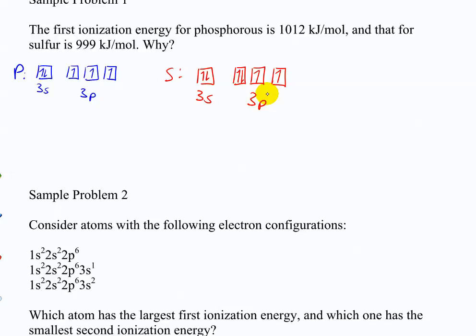Okay. So ionizing sulfur means removing one of those 3p electrons and removing the 4th one, bringing it down to 3. Ionizing phosphorus means also removing a 3p electron, but moving it from 3 to 2. And so that's going to take a little bit more energy. Now notice, that difference isn't huge. The important thing is that it's the opposite of the trend that you would expect.